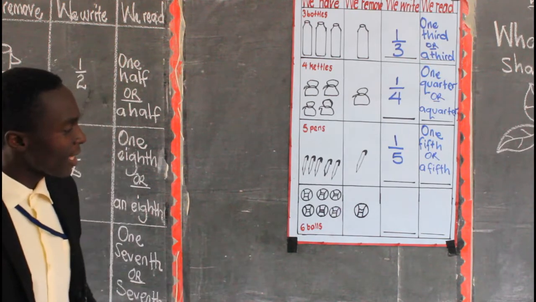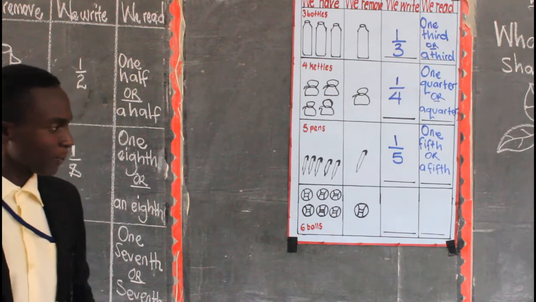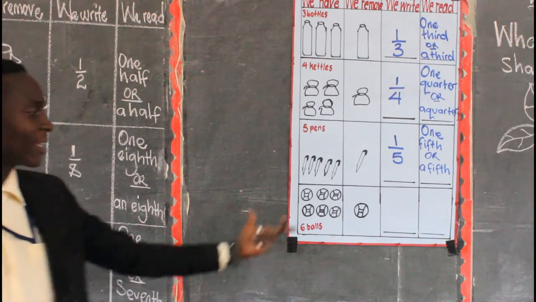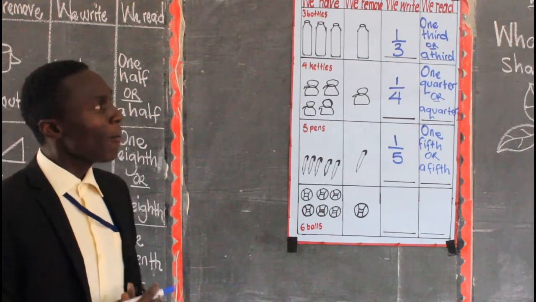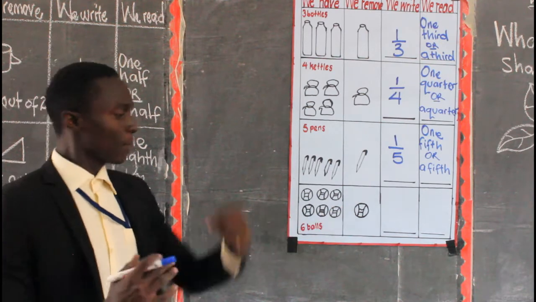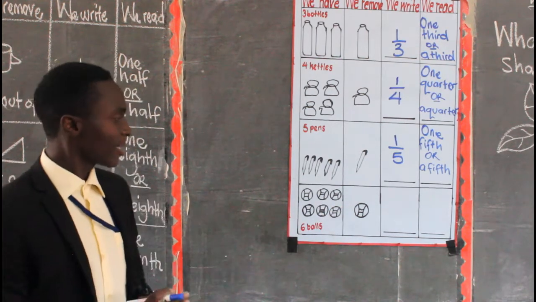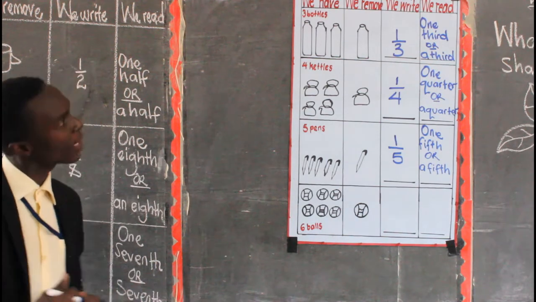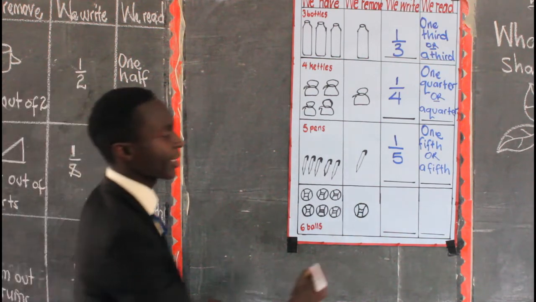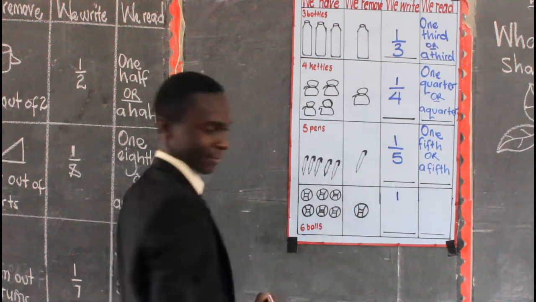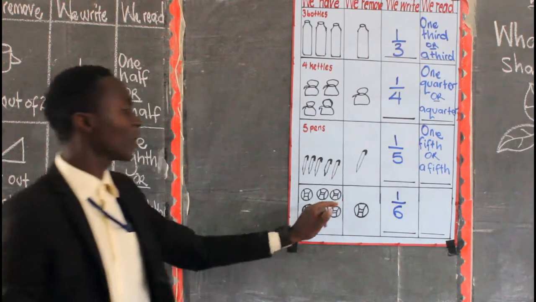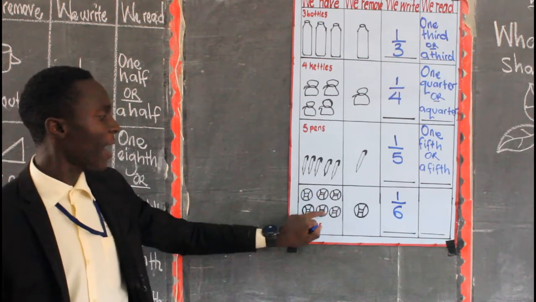Next is saying here we are having 6 balls. Hope everyone knows what a ball is. Someone removed 1 ball out of our 6 balls. What is the fraction of that ball that was removed? The fraction is 1 ball out of the 6 balls that were there altogether. 1, 2, 3, 4, 5, 6.